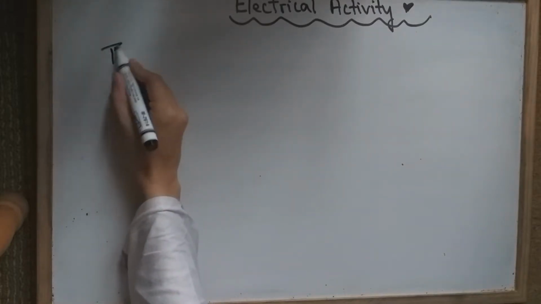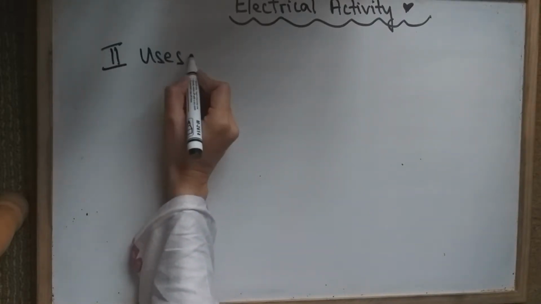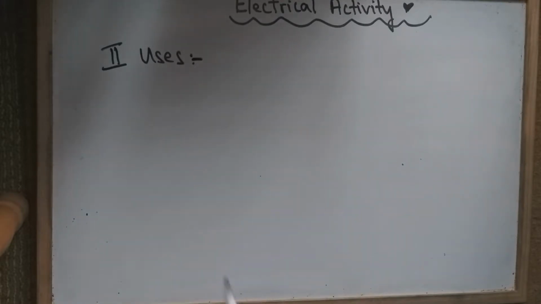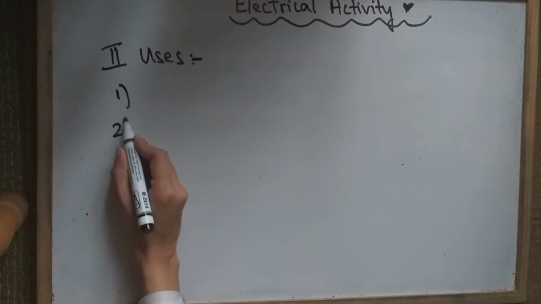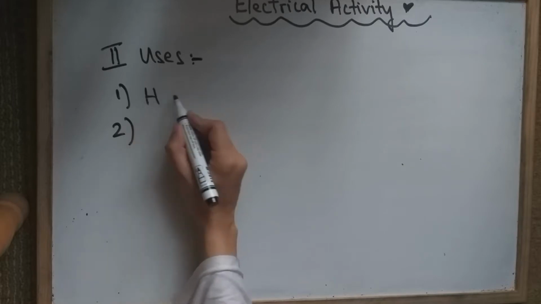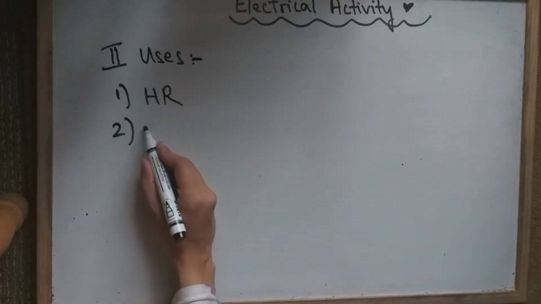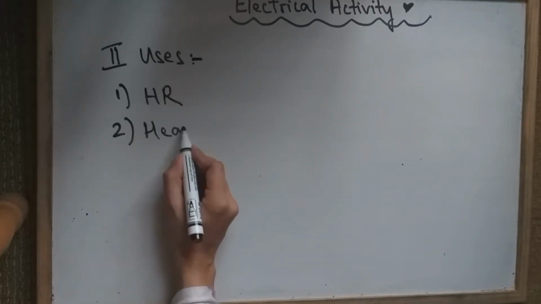Now we shall move on to the second part of this video, which speaks about the uses of the ECG. So we can find out about heart rate, about heart rhythm.